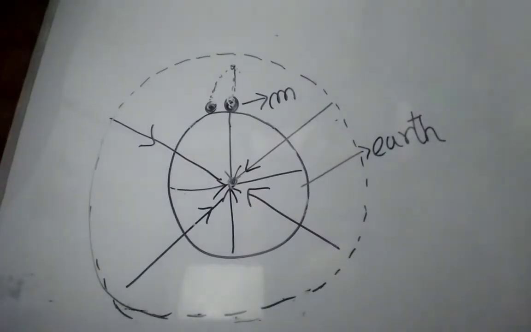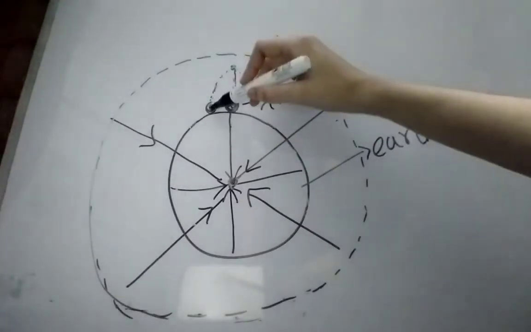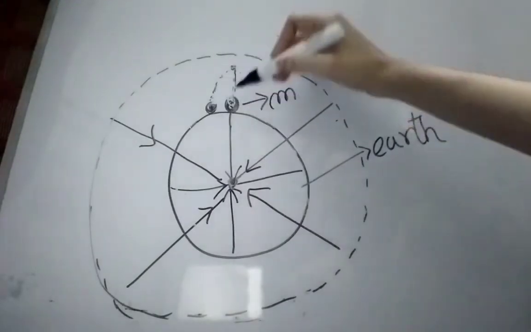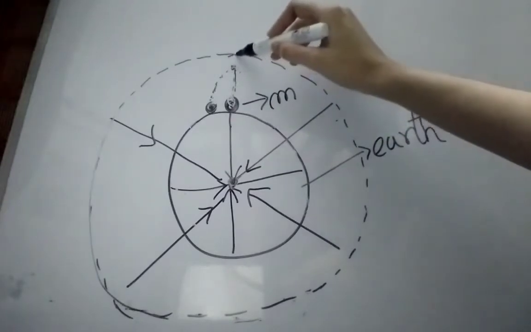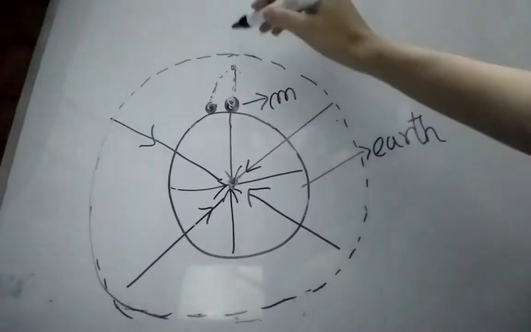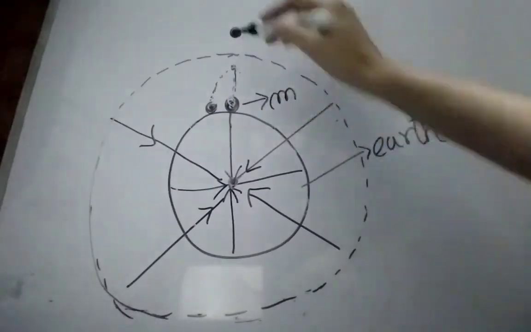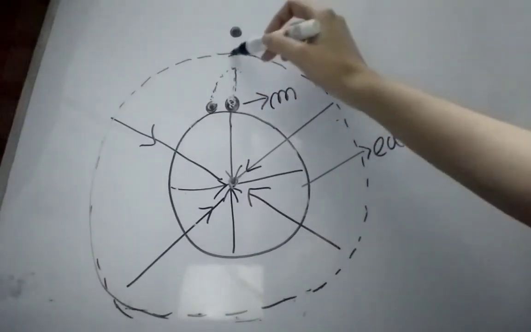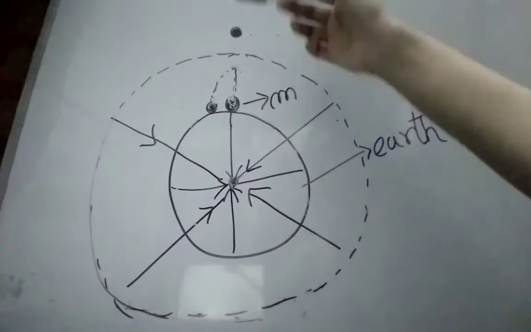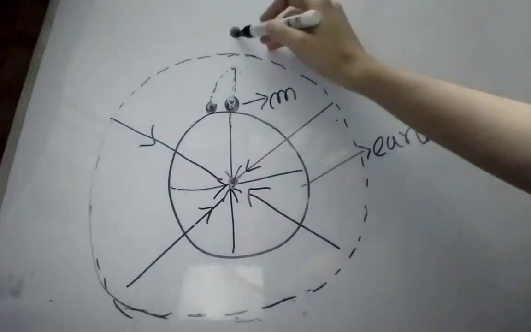But what if we throw any object with such a velocity that it never comes back on the earth's surface? For that we have to send that object beyond this dotted line. We will throw the object at a distance beyond this dotted line, and as I said, if any object crosses this dotted line, then the gravitational pull will not affect this object.